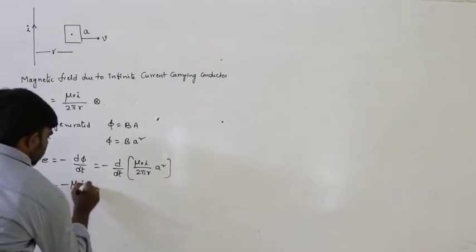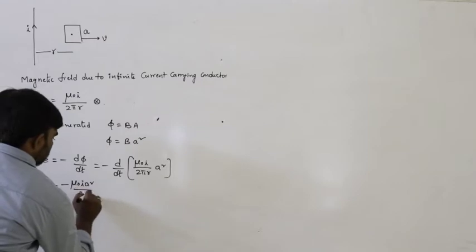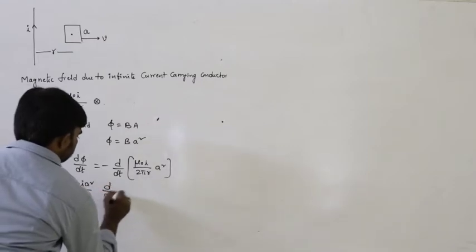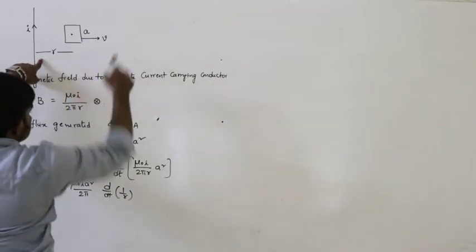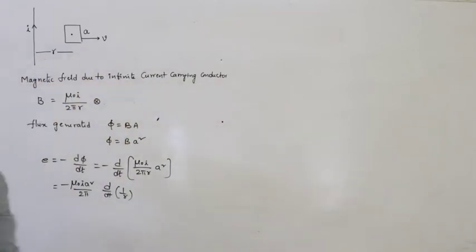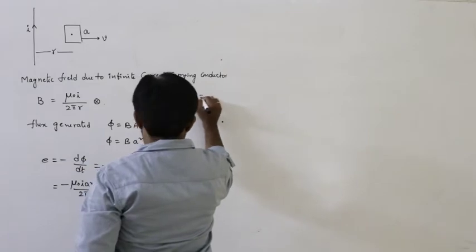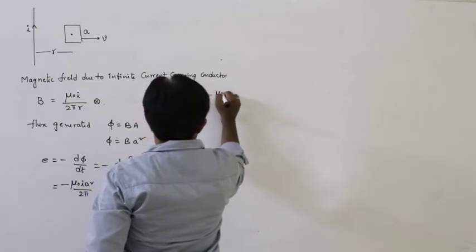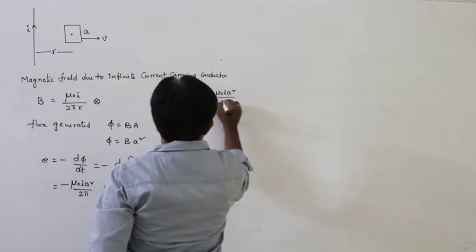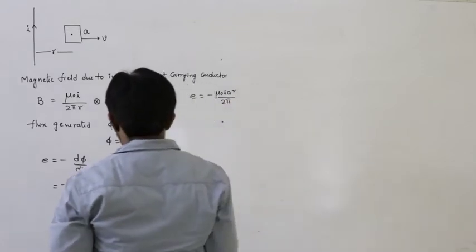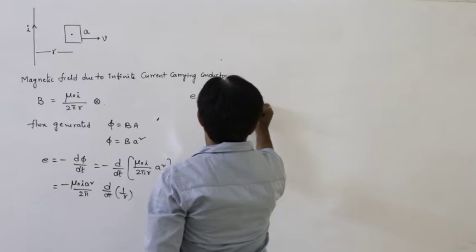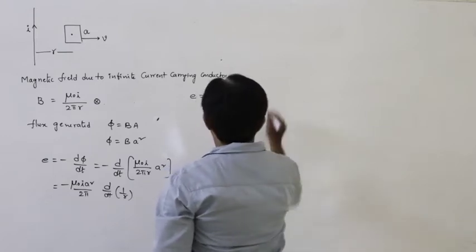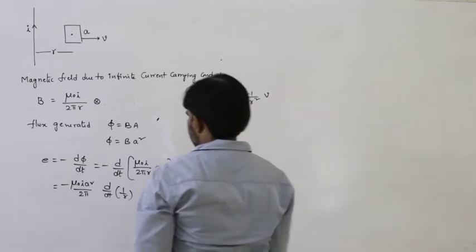So that is minus mu naught I A square by 2 pi, into d by dt of 1 by r. This is the quantity that changes. Here the distance varies. So E can be written as minus mu naught I A square by 2 pi times the differentiation of 1 by r. That is minus 1 by r square into dr by dt, which is v.